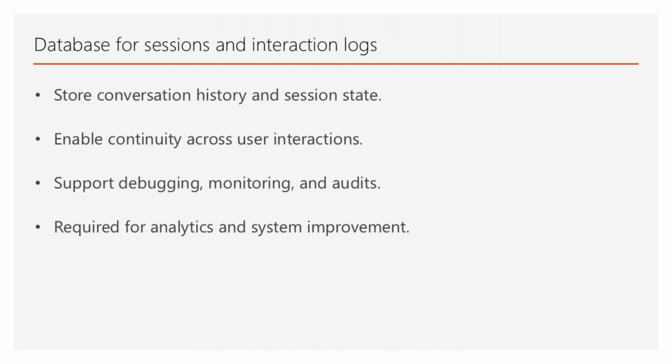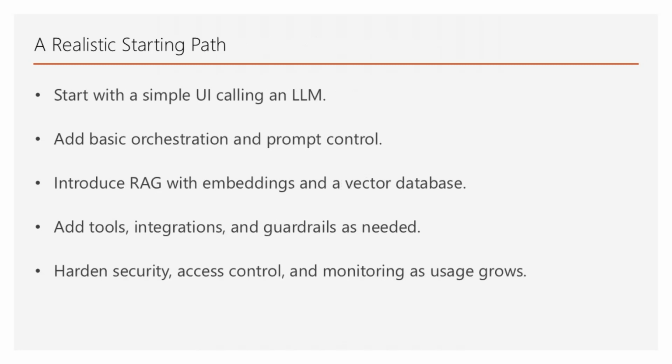So, based on all we have discussed by now, a realistic starting path should be concrete. You typically begin with a simple UI that calls an LLM through an API just to establish the basic interaction loop. Next, you introduce a proper orchestration layer so prompts, model calls, and behavior are controlled.